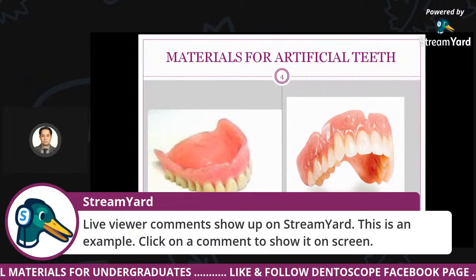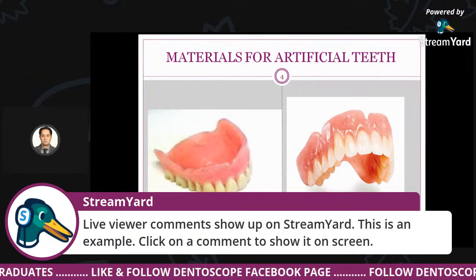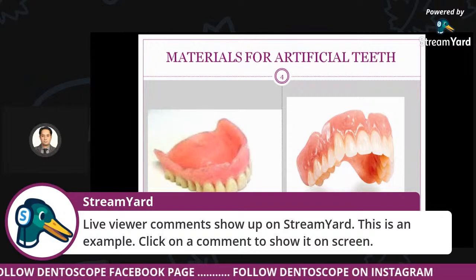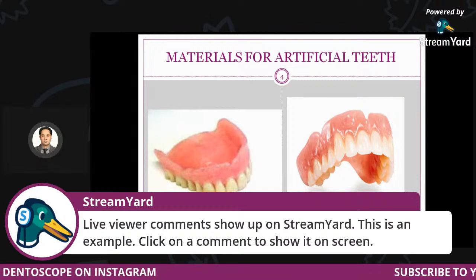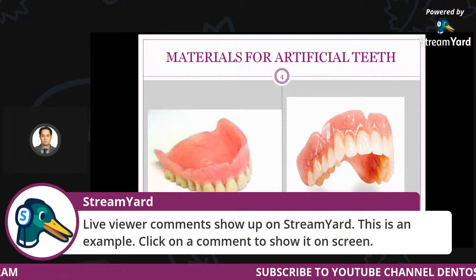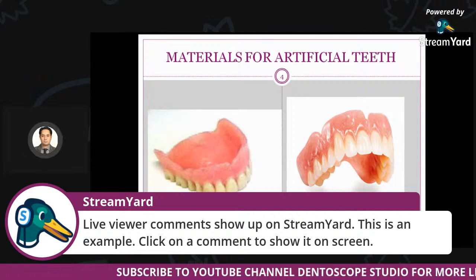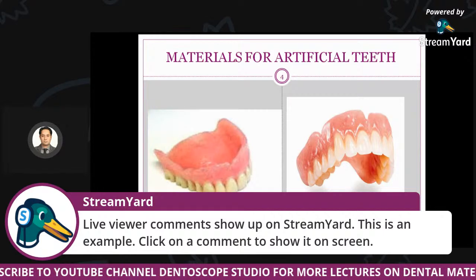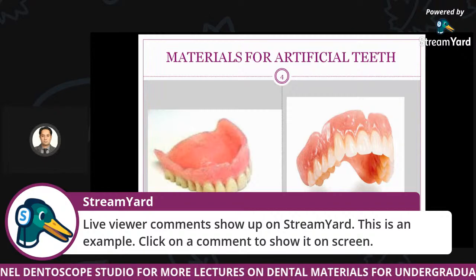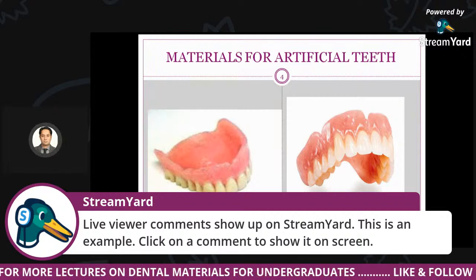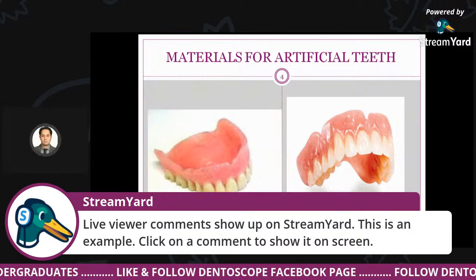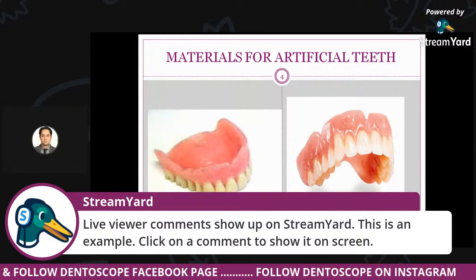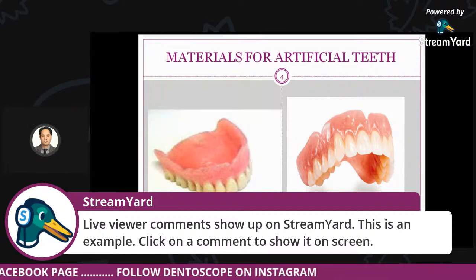Let me tell you that all the dental materials are divided into four main groups: polymers, ceramics, then there are composites and metals. These are the four main groups, and any dental biomaterial that we are going to study, or we know or we use, will fall in any one of these four groups.